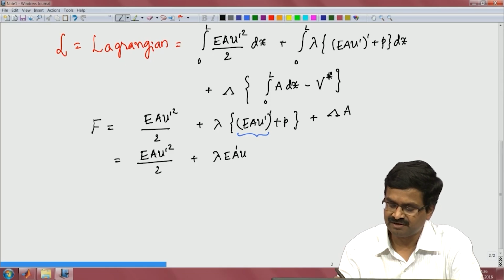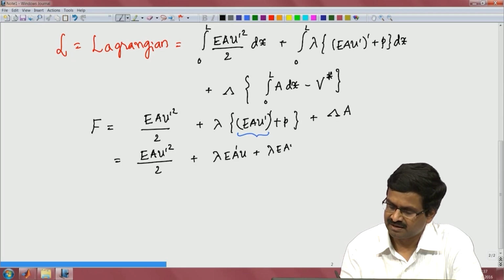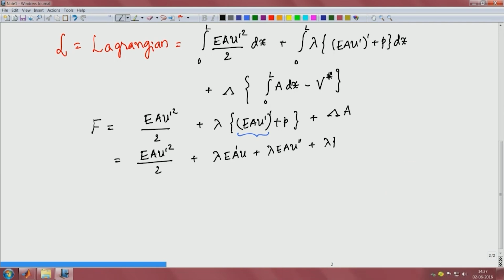When you take this derivative, we do the normal product rule, E A prime u prime plus lambda E A u double prime plus lambda P plus capital lambda A. That is our integrand.